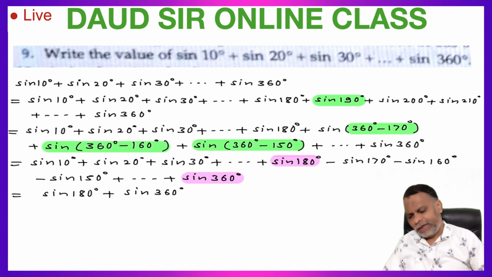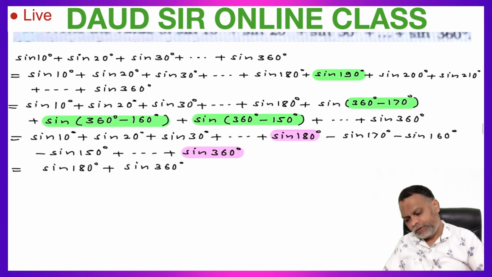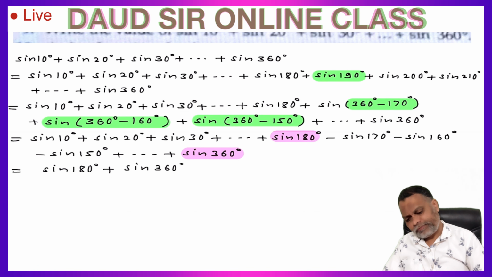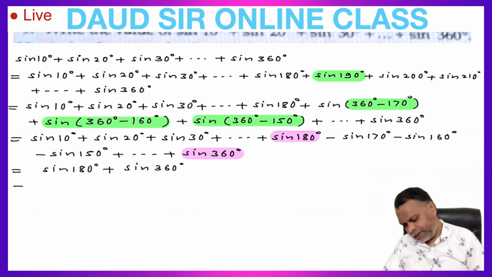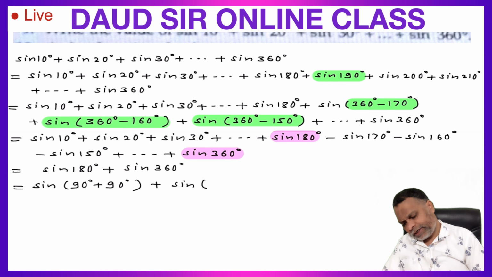Other terms will be cancelled. Now this sine 180 can be written sine 90 plus 90, plus this sine 360 can be written sine 270 plus 90.